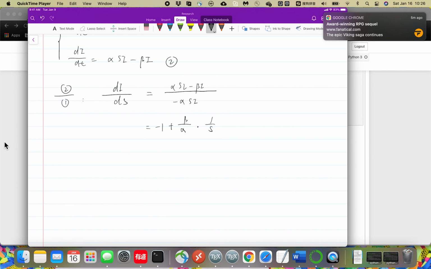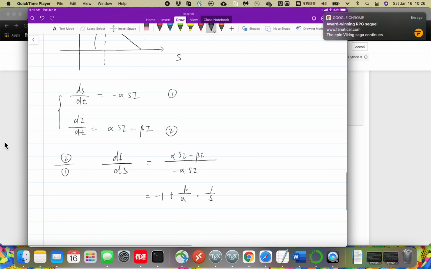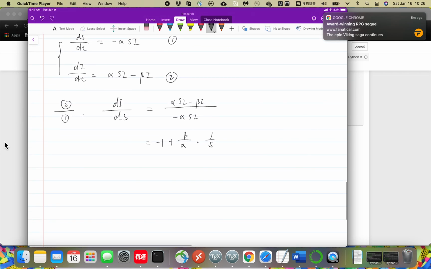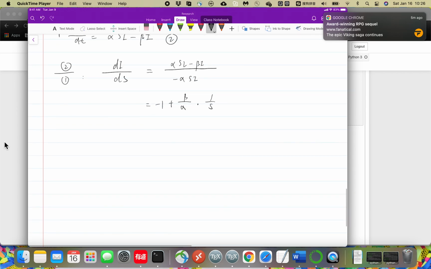So what do we have here? We have a derivative which involves I and s, not time anymore. So this is the changing rate of I with respect to susceptible population s. The right-hand side is nothing but a function of s. So this is almost like di over dt equals negative 1 plus a constant times 1 over t. You can simply just take the integration to get what I is. Not in terms of t, but in terms of s.